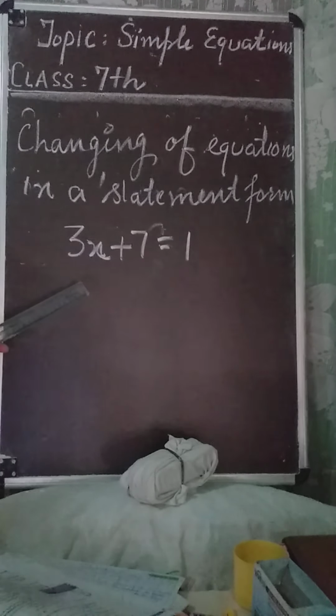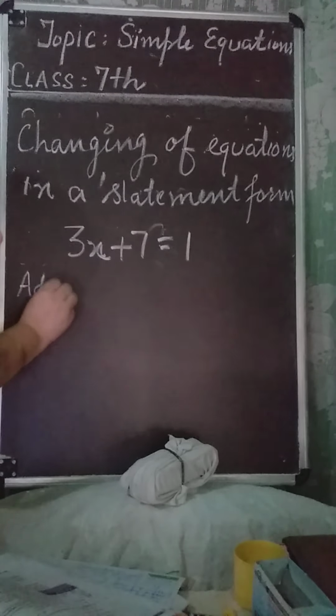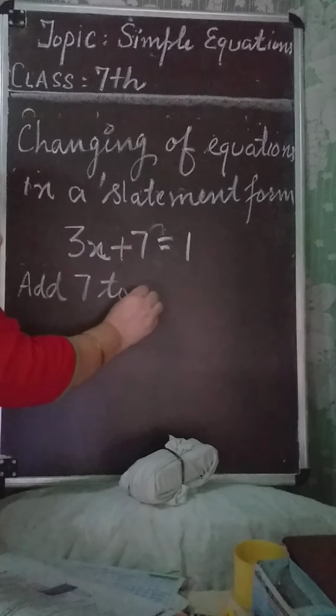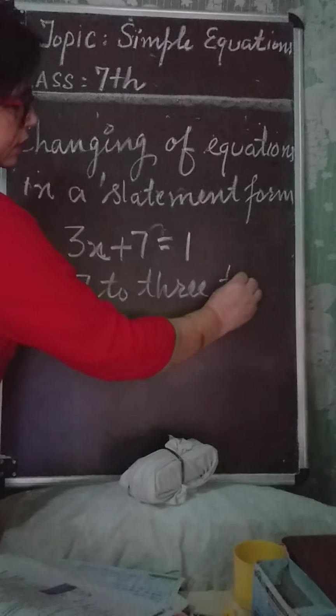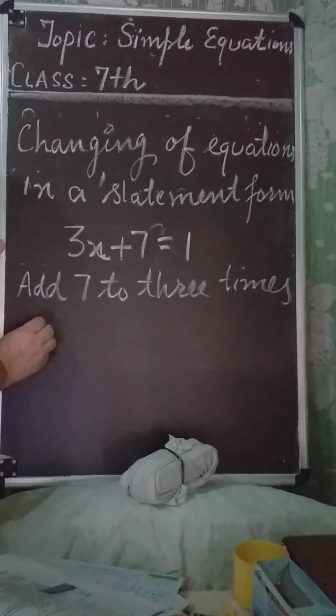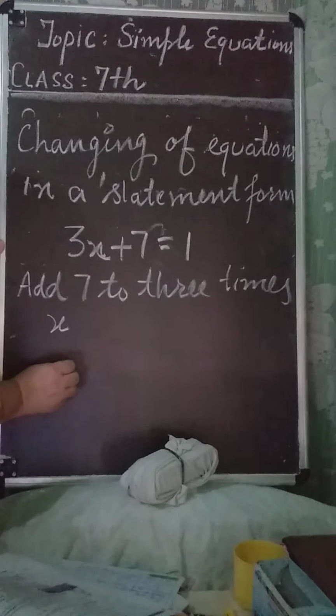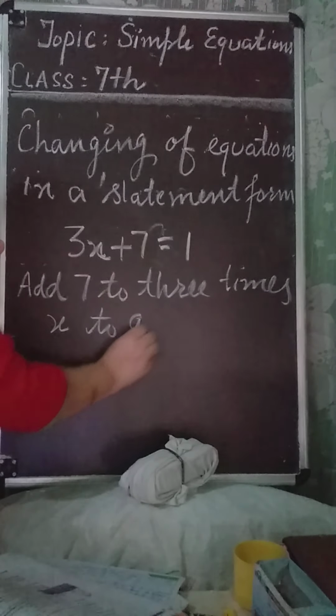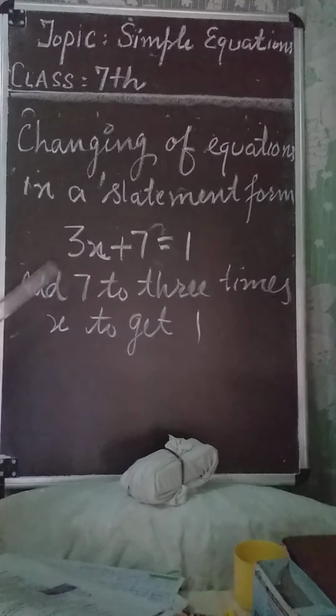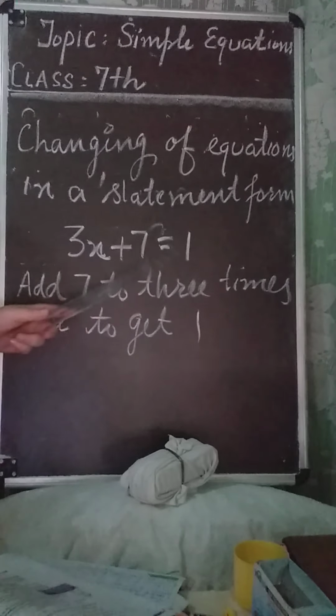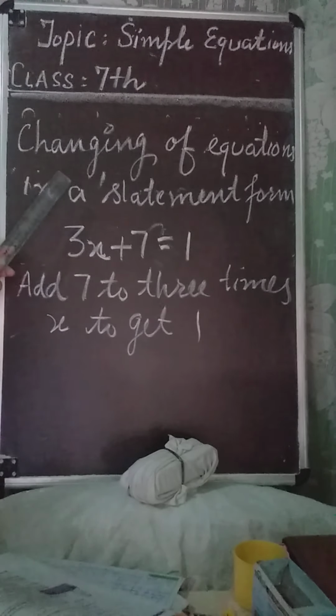So what will I write? Add 7 to 3 times x to get 1. This way we can change equations into a statement form.